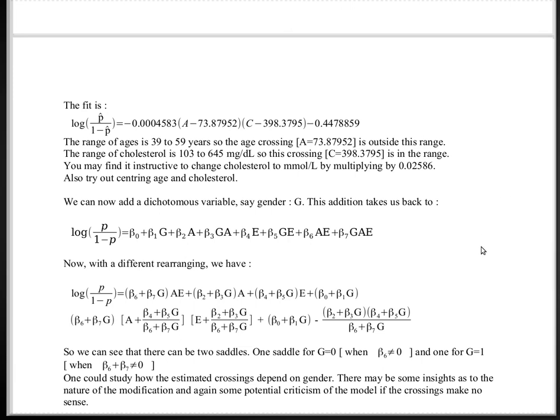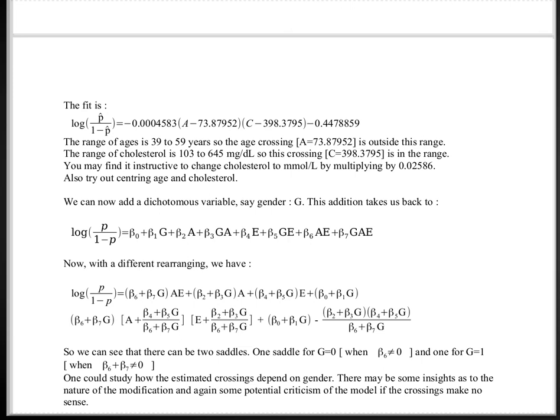In this case, there's going to be one saddle for the women and one saddle for the men, and the whole study of the features of the crossings insofar as they depend on gender. So notice that the crossings and the whole discussion now involves, I would say, to get anywhere, you're going to have to at least provisionally view this separately for the men and the women.